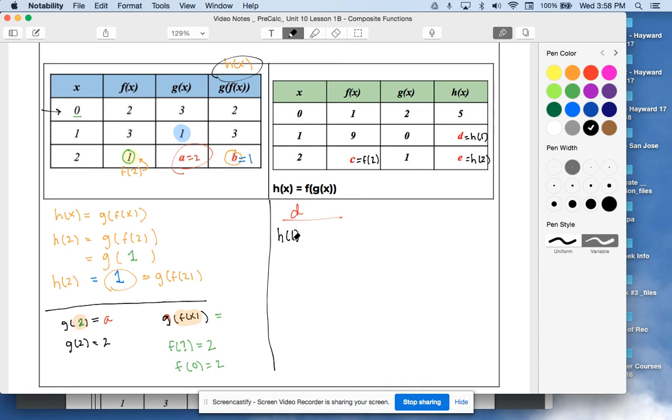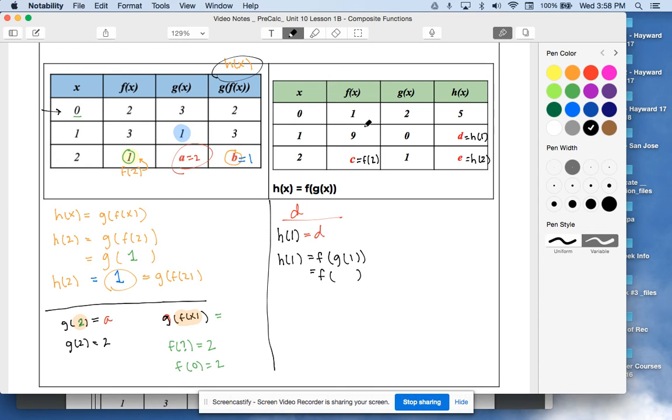We're looking for the output. What output value is it when the input is 1? Okay, so cool. Remember, h of 1 in this case, our h of x, is the same as f of g of 1. And then we just basically find missing parts of the puzzle.